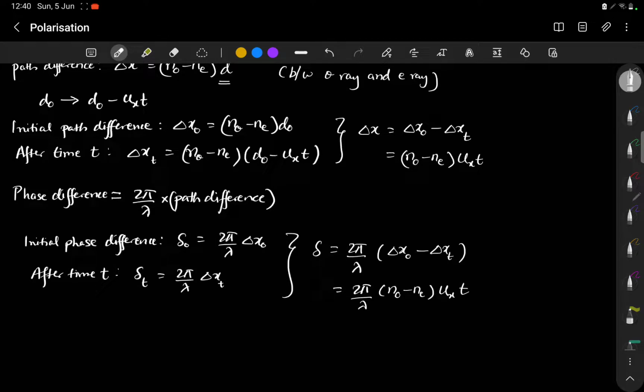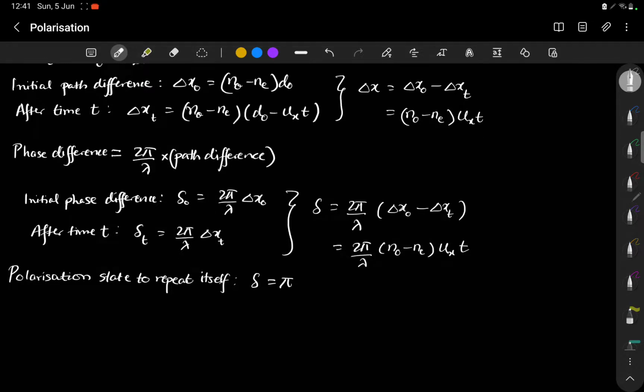Now for polarization to repeat itself, because that is the question, we want to find out when the polarization state repeats itself. The condition is that this delta should be equal to pi. And why so?